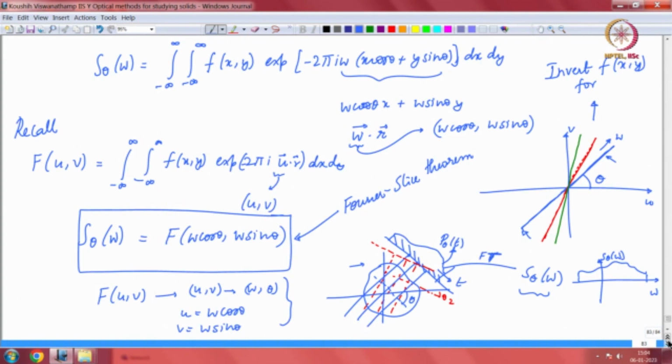And we found that by doing some simple manipulation we basically got this expression in the box which we call the Fourier slice theorem, and this relates the Fourier transform of the 1D projection to the 2D Fourier transform in polar coordinates.